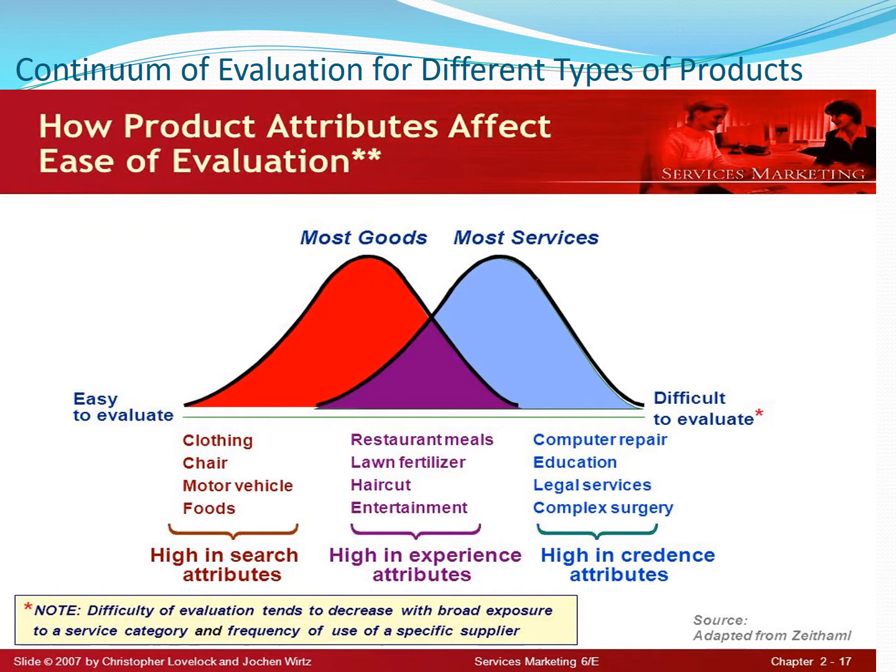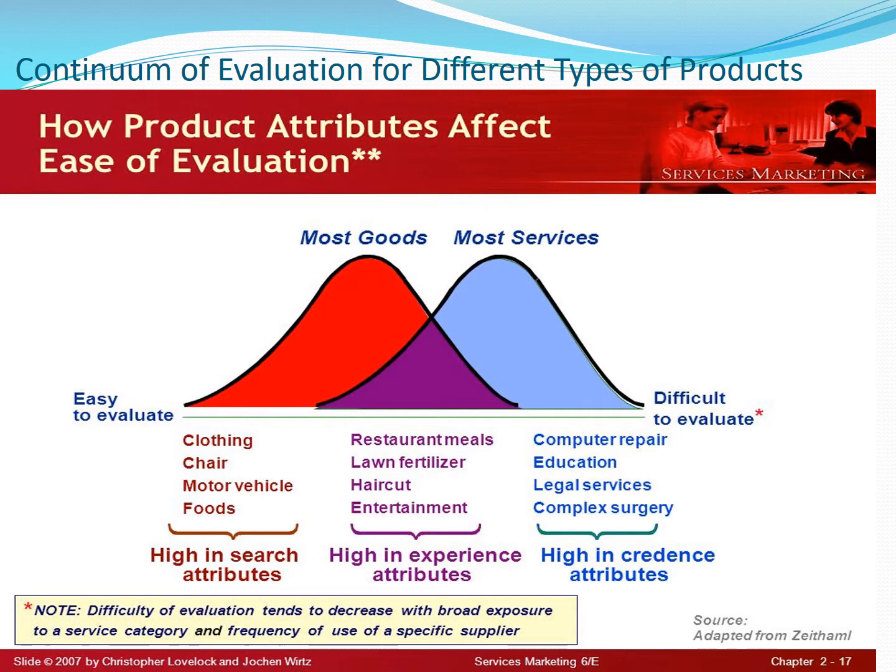The next one is experience qualities: attributes that can be understood or evaluated only after the purchase or during the consumption. We can evaluate these products or services only after purchase or during the process of consumption.